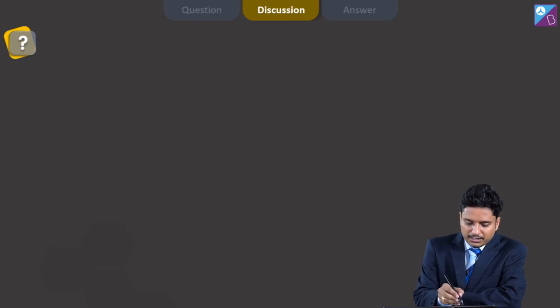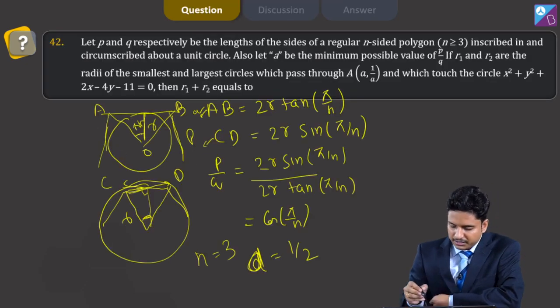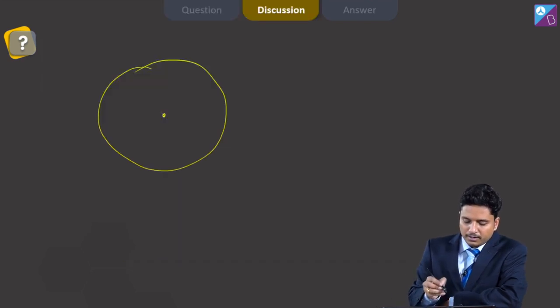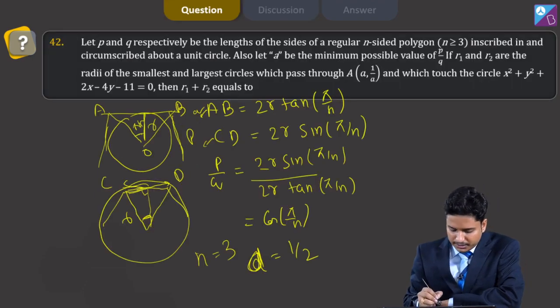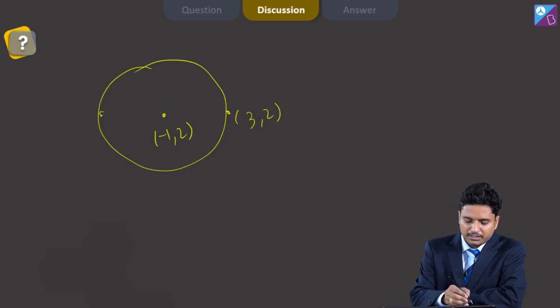For x square plus 2x, what you can see, the center for the given circle is minus 1 comma 2, and the radius for this is 4. So minus 1 comma 2, radius is 4, so this point is 3 comma 2, and this point is minus 5 comma 2.